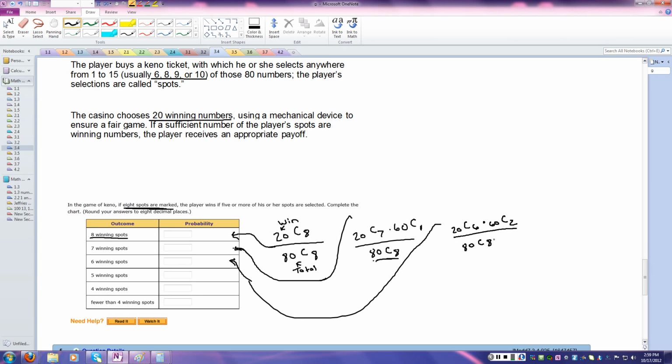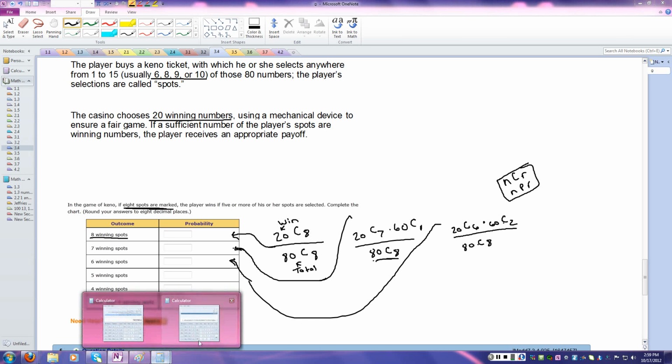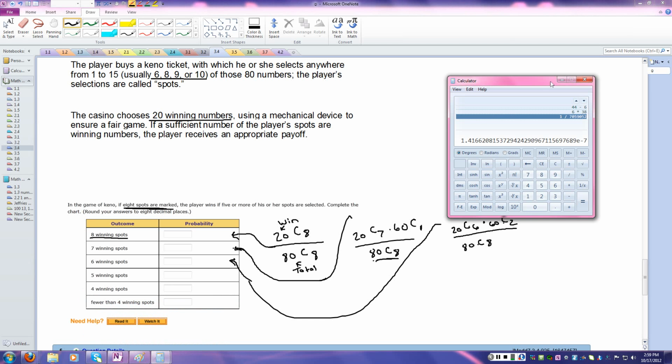A scientific calculator will have an N choose R and an NPR button. You can simply push this button, find this number, find this number, find this number, then take this number times this number over this number, and it'll give you a decimal answer. If you're doing it in the calculator, it's a little bit more work.